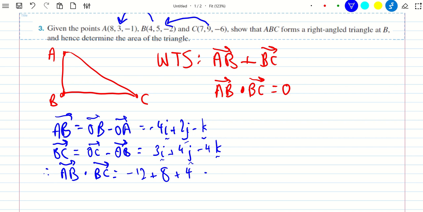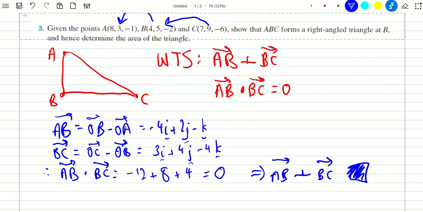Negative 4 plus 4 is equal to 0. Oops, that's a bad 0, sorry, it looks more like a messy 6. Is equal to 0. Therefore, AB is perpendicular to BC. And that's what we're trying to show. So that's the end of the proof. I've proved that it's a right angled triangle.